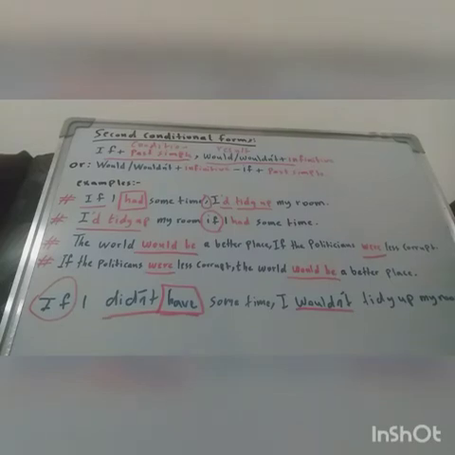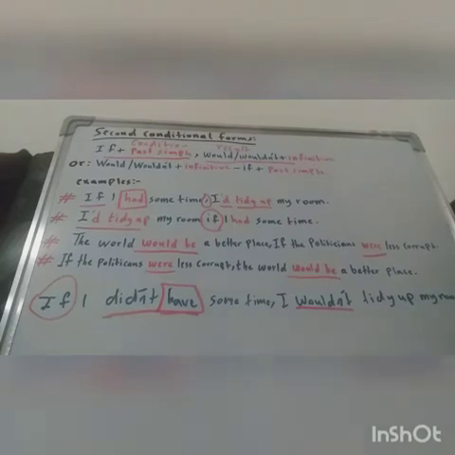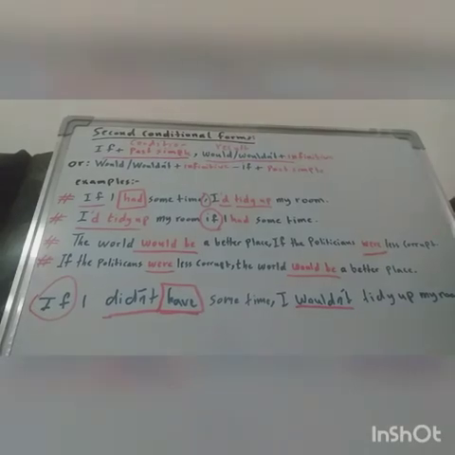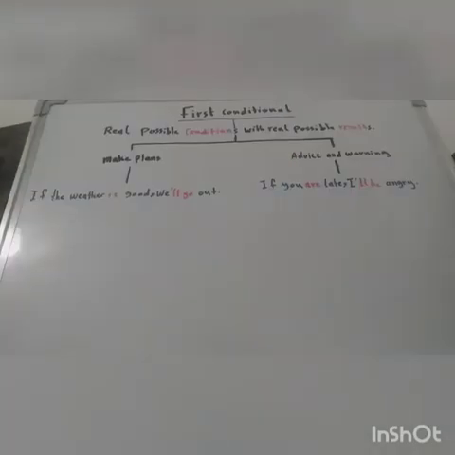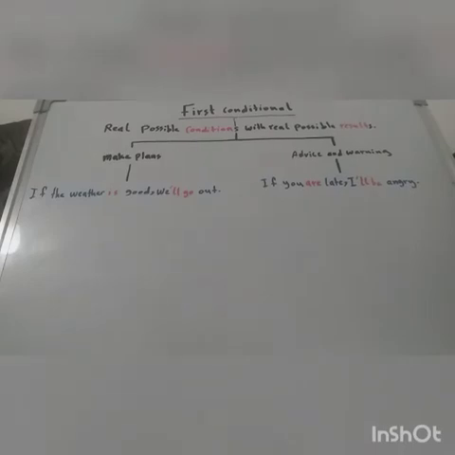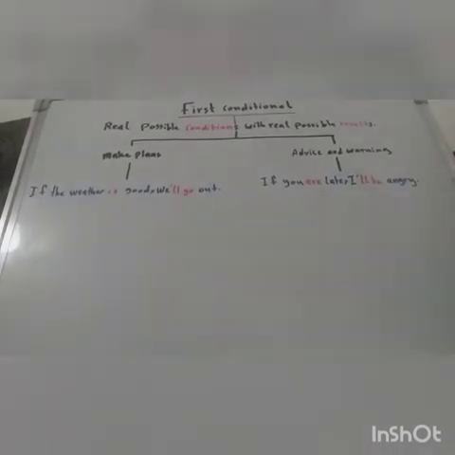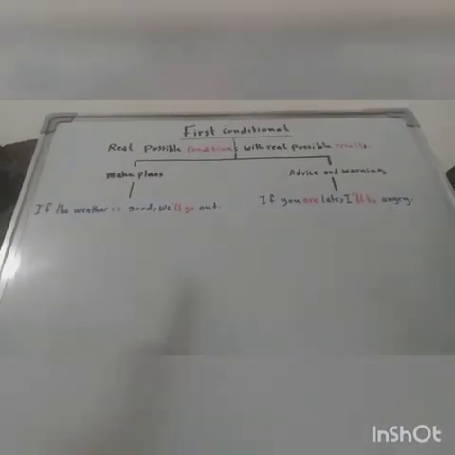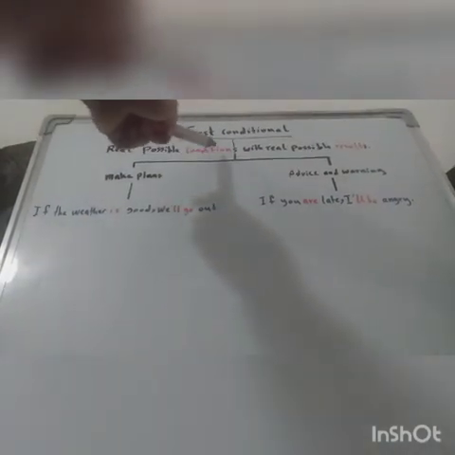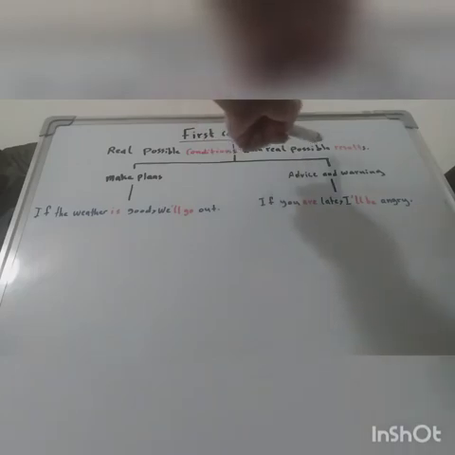And now let's revise the uses of the first and the second conditionals again. So here's the use of the first conditional again. We use the first conditional for real possible conditions with real possible results.